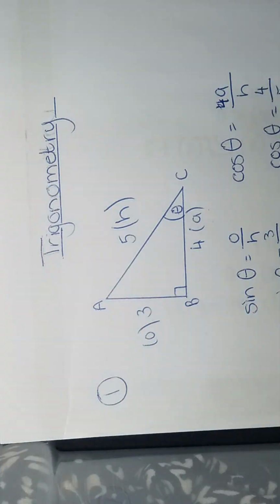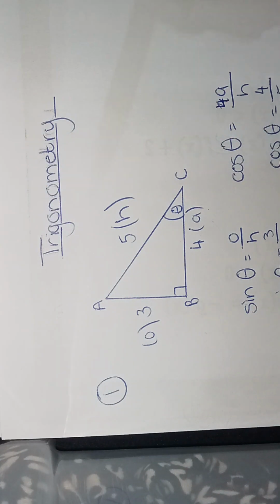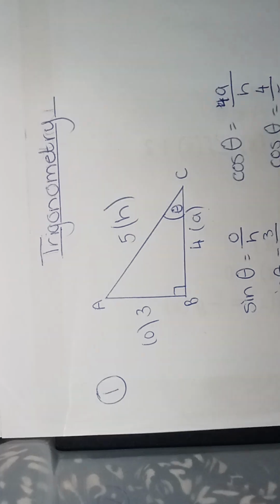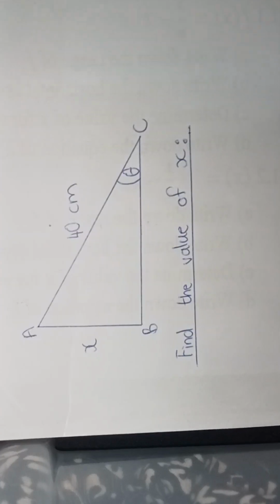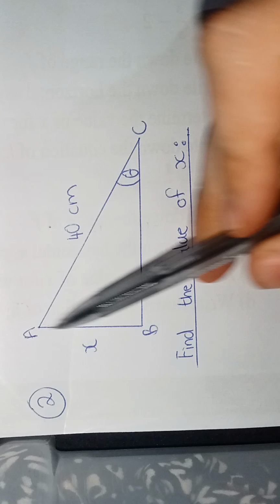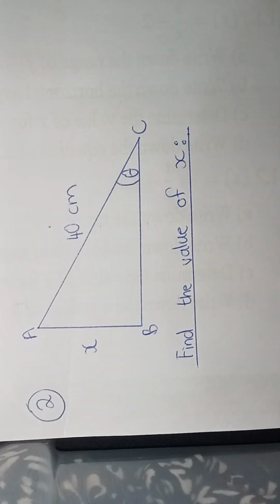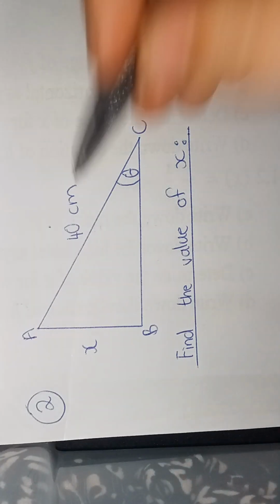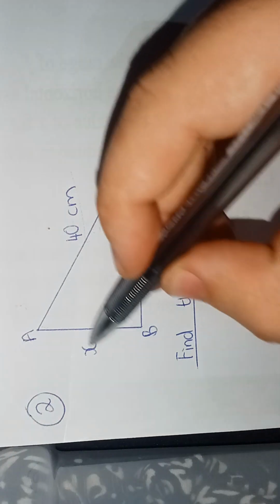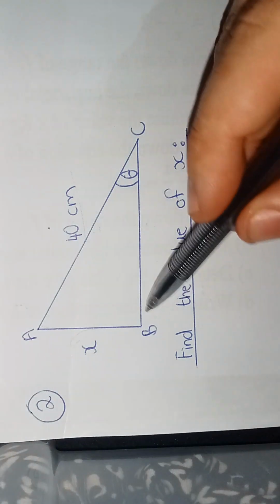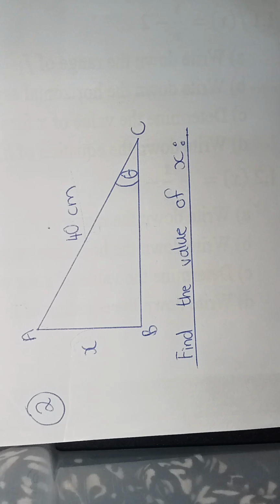Now, let's just quickly go back here. This is the first and most commonly asked question. The second most commonly asked is they can give you a triangle ABC, they only give you one side and an unknown side, and they don't give you the value of this side.